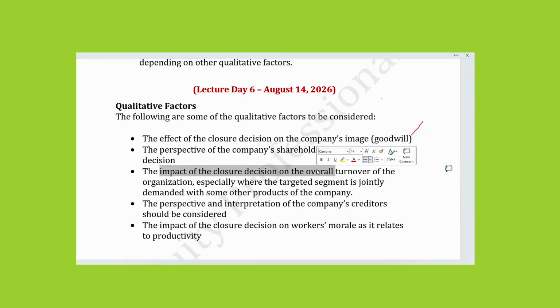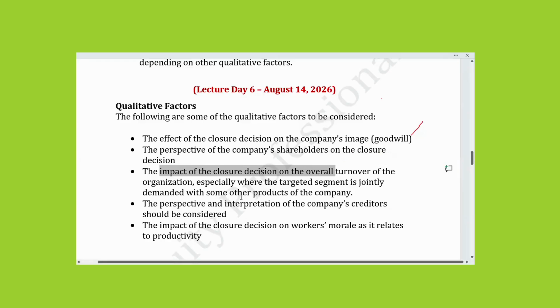Now that you're no more producing product B, they have to go to your competitor and buy, where they can buy the complete products. All right. So you need to consider the impact of the closure decision on the company's turnover, especially where the affected segment is jointly demanded with the company's other products.